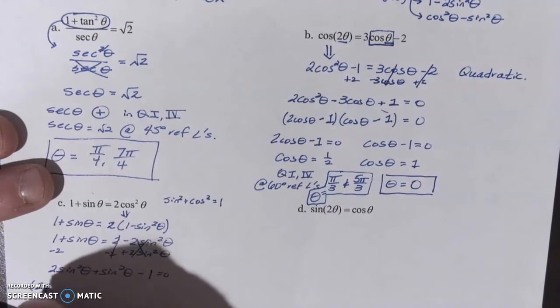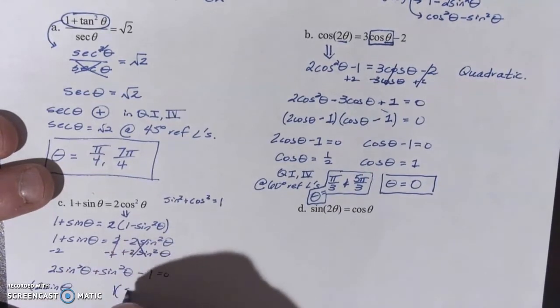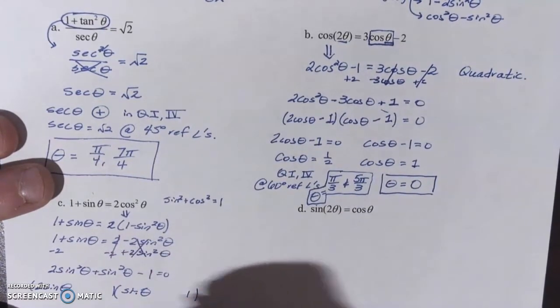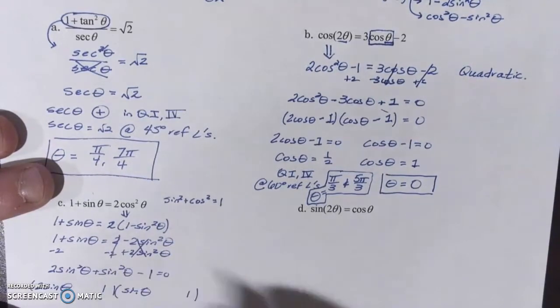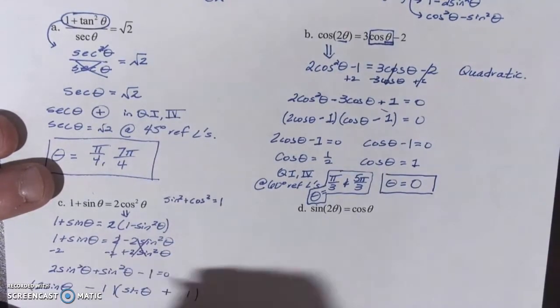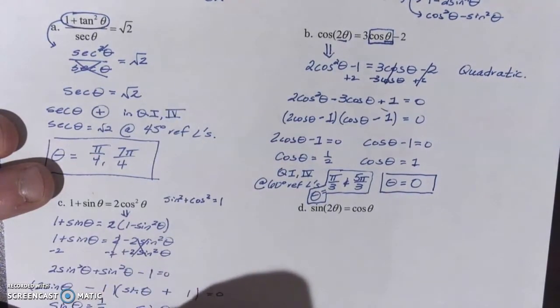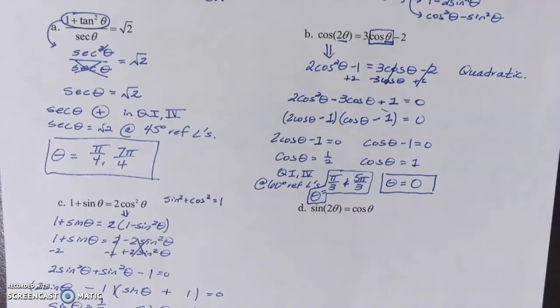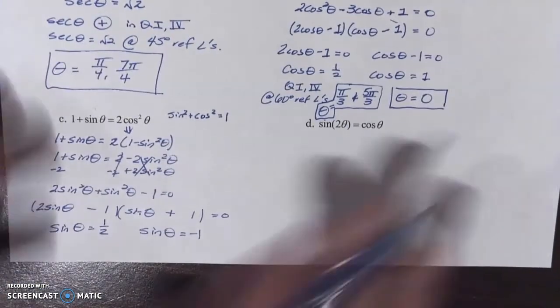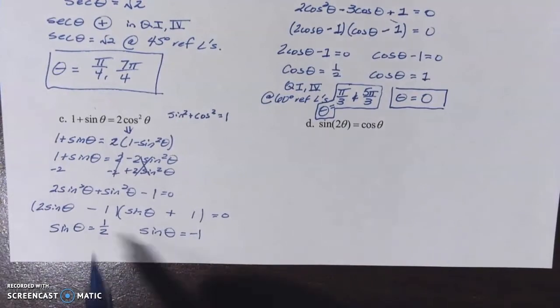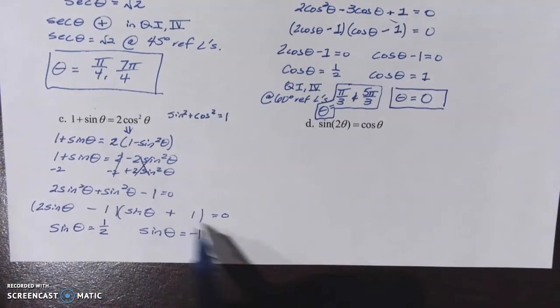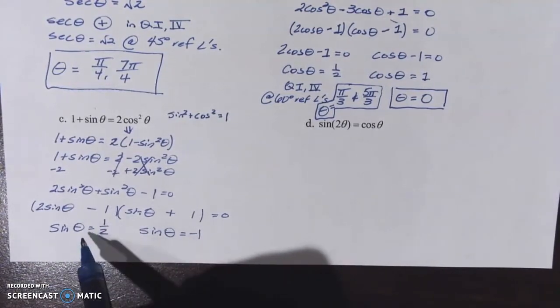Let's factor. 2 sine theta, 1, 1. We want the middle term to be positive, so let's make that a plus 1 and a minus 1. Take a little shortcut here. Set these equal to 0 and solve. You'll get sine theta equals 1/2. Sine theta equals -1. Quadrants 1 and 2. This is one of our quadrantals. 1/2 at 30-degree reference angles.